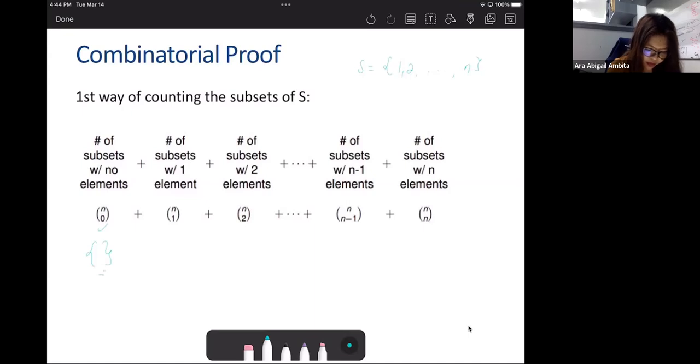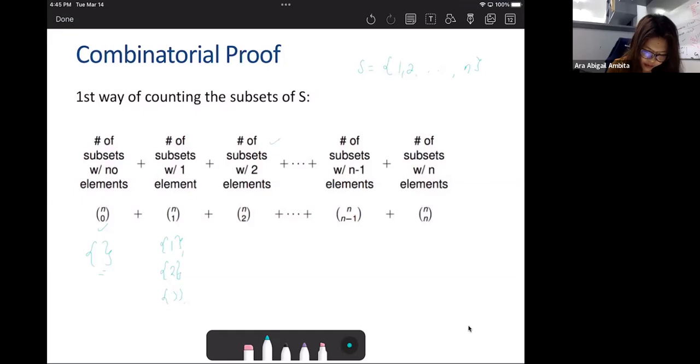That may be computed with n taken 0. And the number of subsets with one element: let's say we have only 1, or only 2, or only 3, and so on. It has just one element.